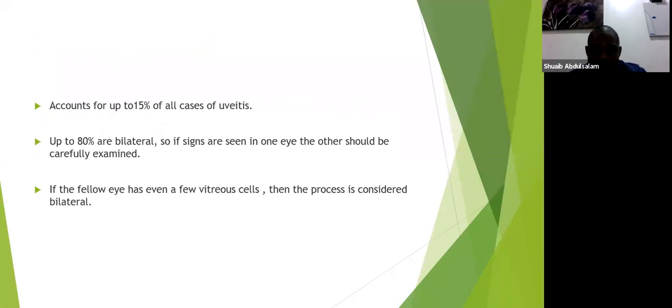This accounts for up to about 15% of cases of uveitis, and it's bilateral in up to 80% of cases. So if you see signs in one eye, you should go back and examine the other eye carefully, because it's usually bilateral. Even if you see just a few vitreous cells in the fellow eye, you should consider it to be bilateral, just asymmetrical.